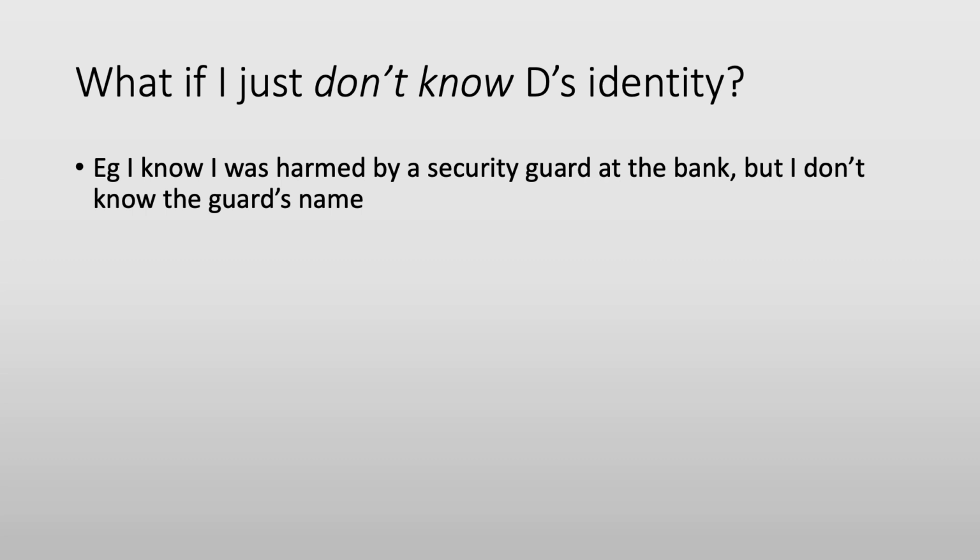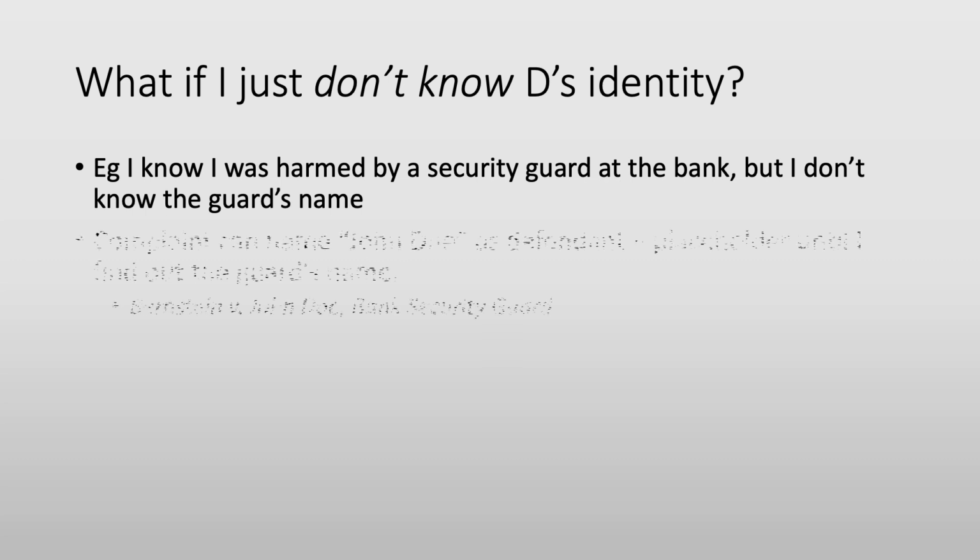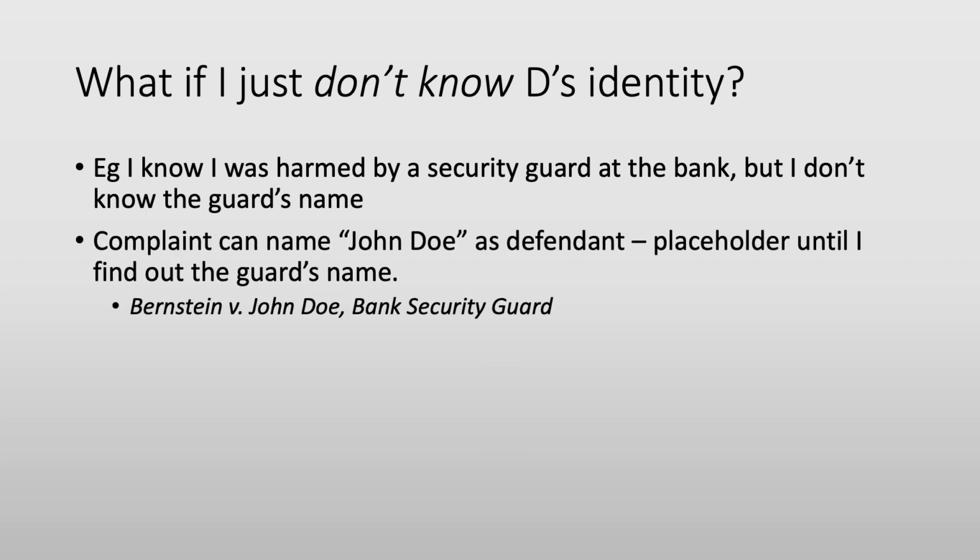I can find out their name in discovery, but I don't necessarily know it to put it on my complaint. So what happens in that kind of situation if I know the role that the person was playing, and I'm pretty sure that I can figure out their name through discovery, but I don't actually know their name when I file suit? Well, we actually have a way of dealing with that.